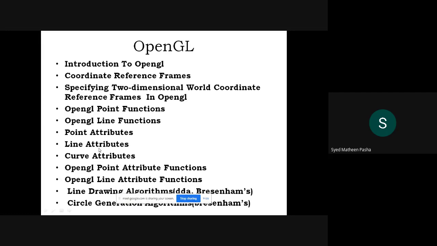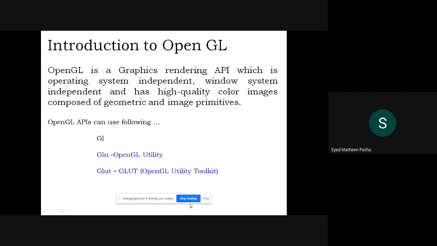Then with respect to these functions as well as attributes, we studied some point and line attribute functions, with the help of which we started studying two algorithms, the line drawing algorithm as well as circle generation algorithms. So let's start. I'll just keep on briefing the topics here. So do concentrate. If you have any doubts, you can stop me at any time and ask me. Okay, so let's see what OpenGL is.